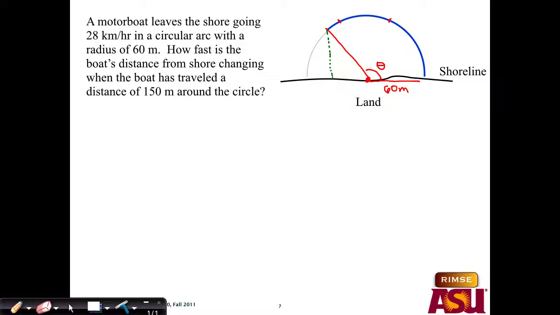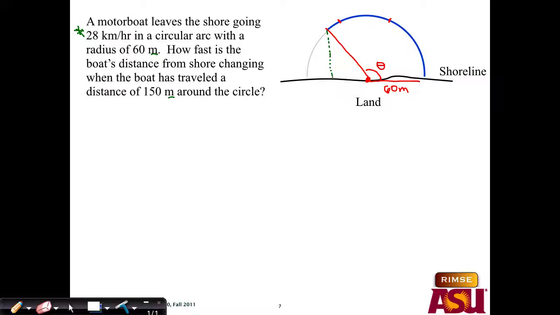So what we're trying to relate here is how fast is the boat's distance from shore changing? So how fast is this dotted line changing, as it travels around this blue arc at a fixed speed, 28 kilometers per hour. Now, as a note, notice everything else is in meters, but 28 kilometers per hour would be how many meters per hour? 28,000, right?